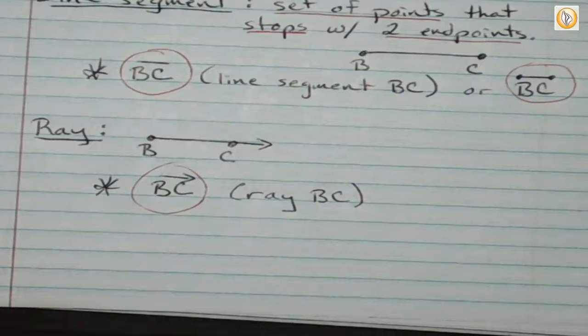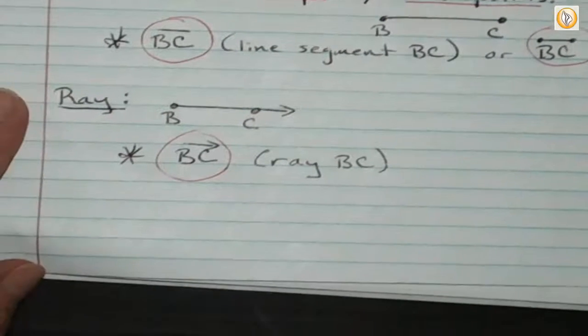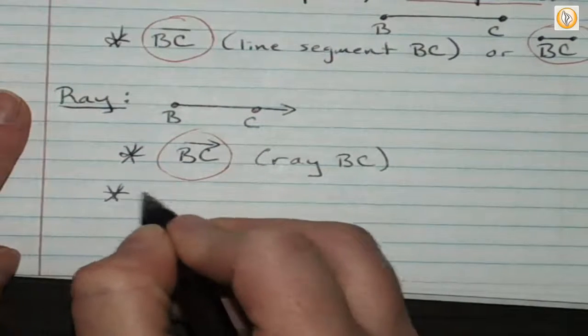Now, let me explain where I can almost guarantee someone today is going to get messed up. A common mistake is this. I'm going to put 2 stars here.